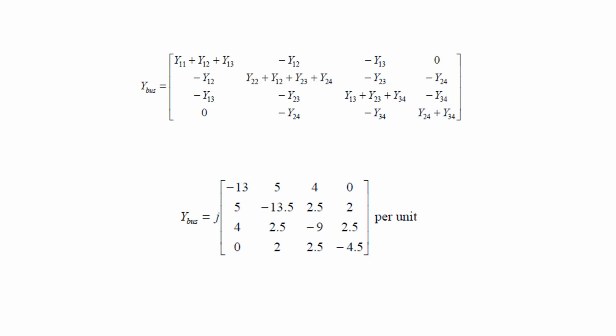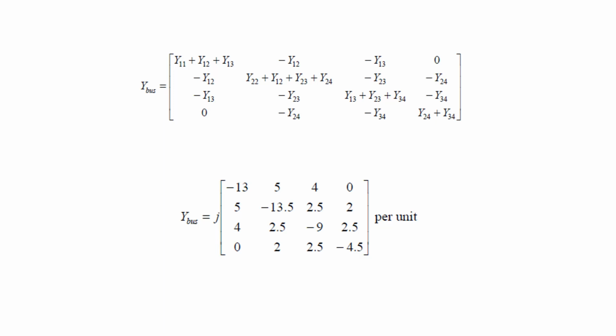There is no admittance connected between 1 and 4, so it is represented as 0. Similarly, the second row is filled. All the diagonals are the summation of j equal to 1 to n of yij, and the off-diagonal elements are represented like this, forming the matrix.